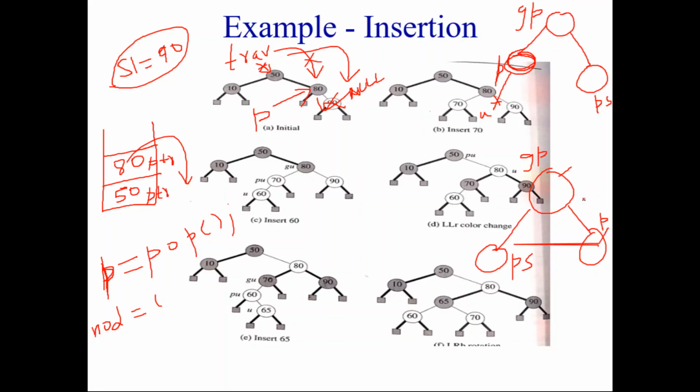You have to check whether parent is the left child or right child of grandparent. If parent is the left child of grandparent, then sibling will be the right child of grandparent. If parent is the right child of grandparent, then sibling will be the left child of the grandparent. It's as simple as that.